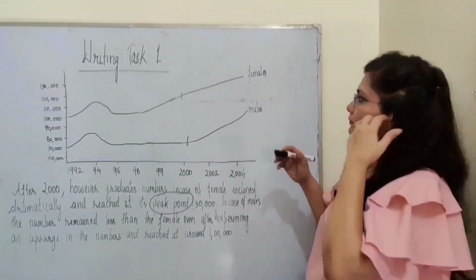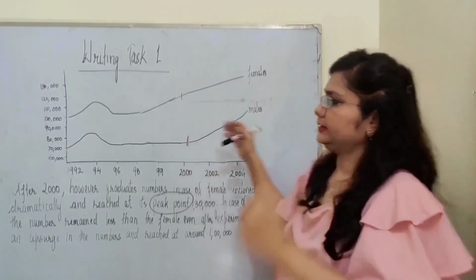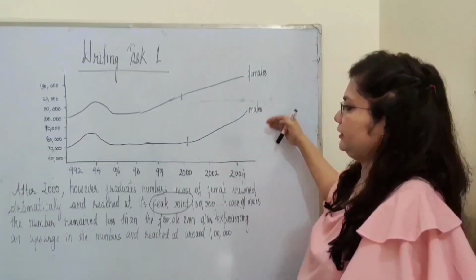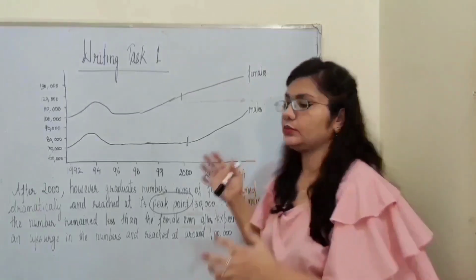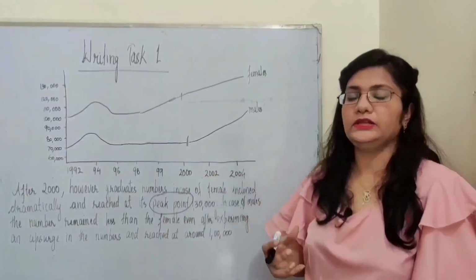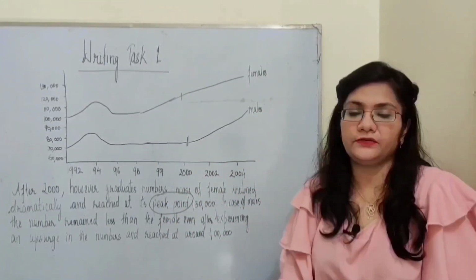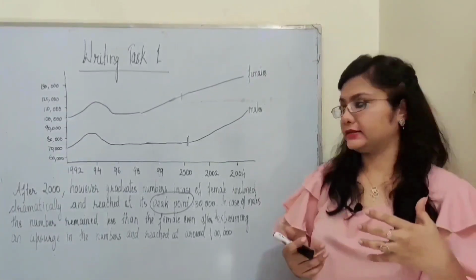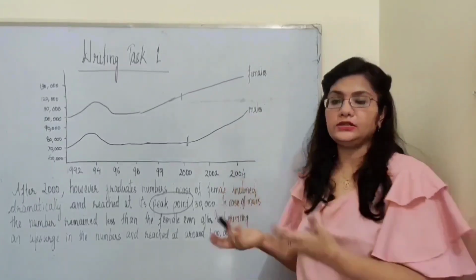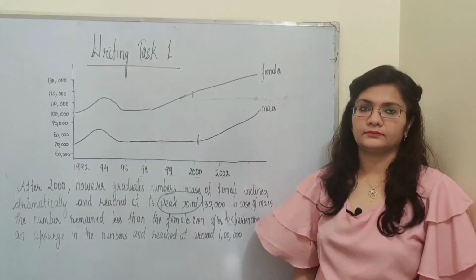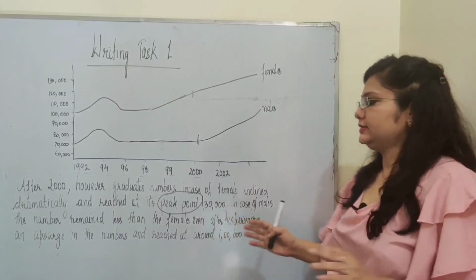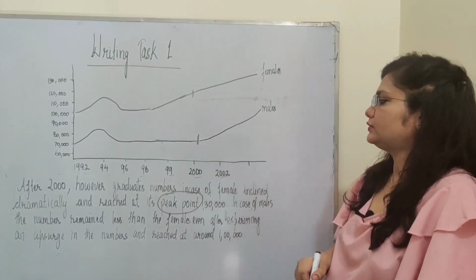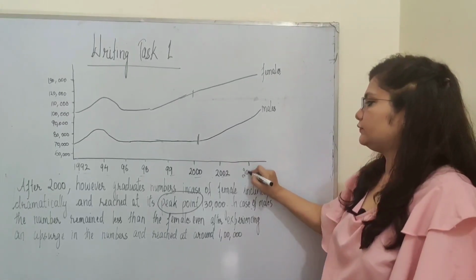So if we see throughout the period, the same trend that males and females have followed, but yes, we need to write it in a good way. We need to present this report in front of an examiner so that we can gain more and more bands. So what else can you write in this? Apart from this, you can also explain the last one, from 2000 to 2002 and 2004.